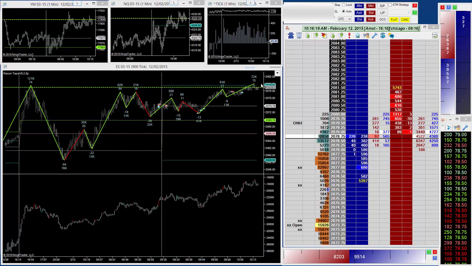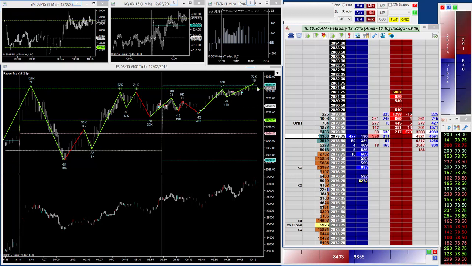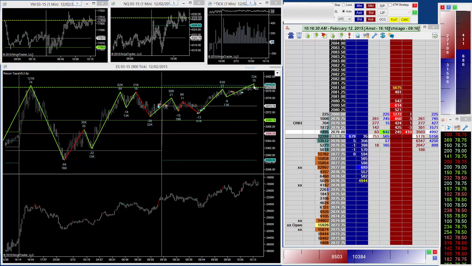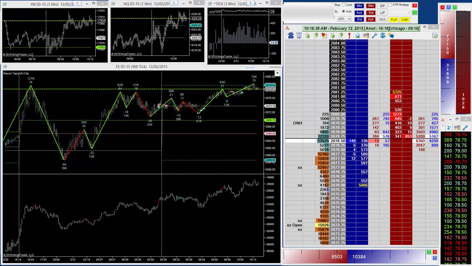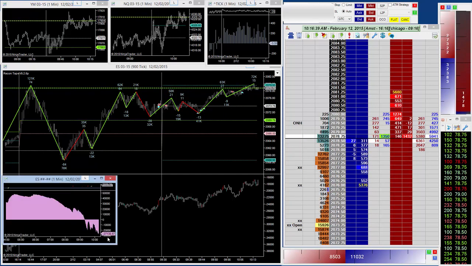And we want to see separation when we take a swing up. We want to see some air between the trading ranges that develop at the end of each swing. So again, this is definitely still bullish, but it's not really a clear direction. It's not really a clear move. And volume's really tapering off.